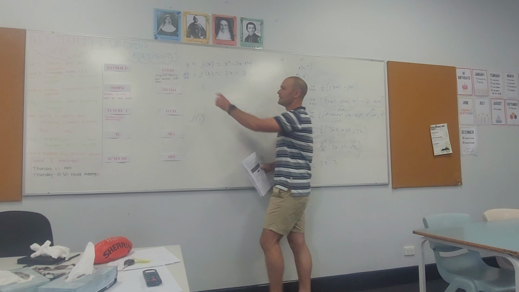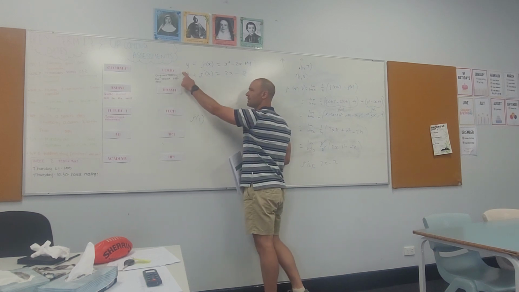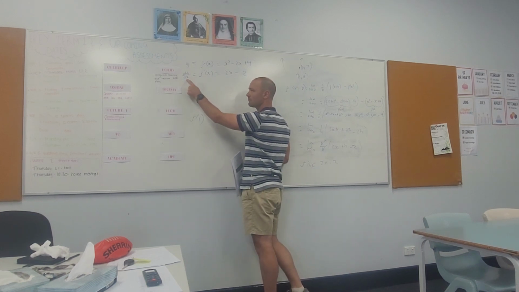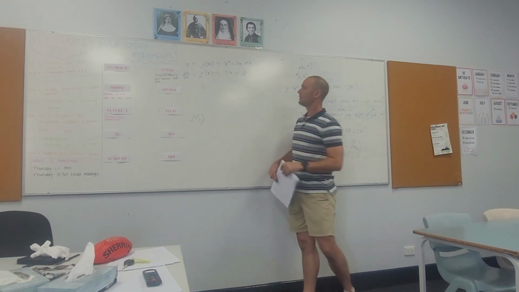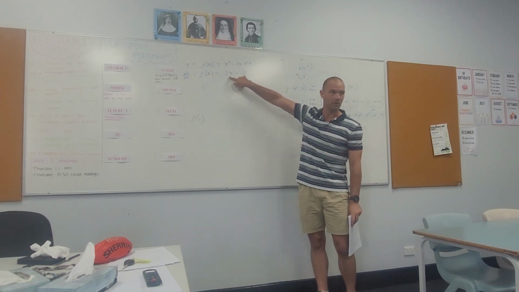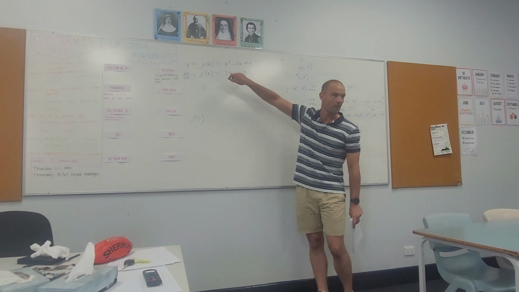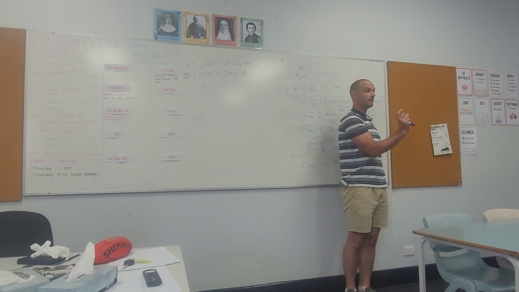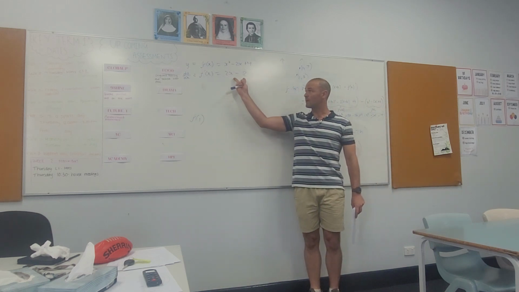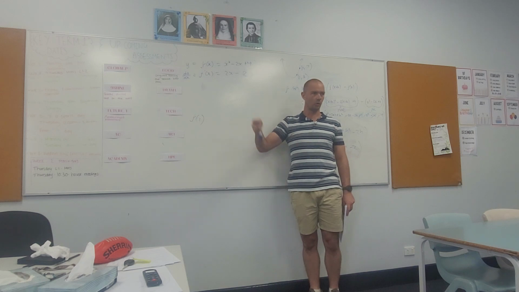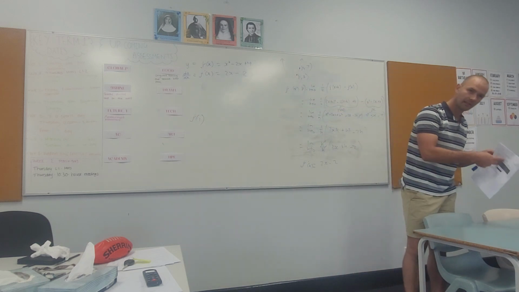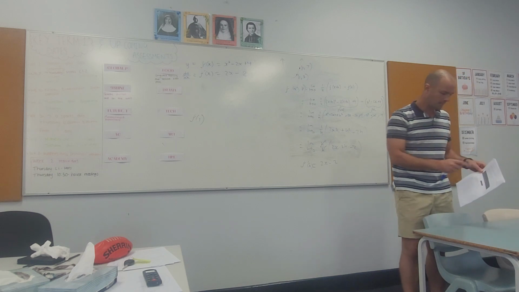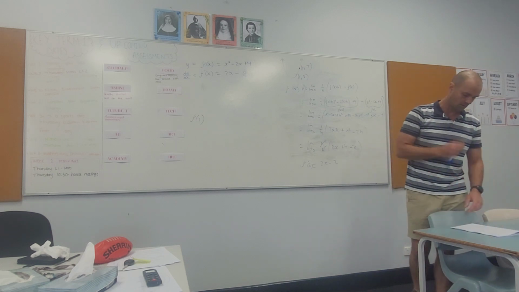Next, we have dy on dx, the rate of change of y with regards to the rate of change of x, or f dash of x. This is the slope function, the gradient function. Now, if you put an x value into this function, it tells you the slope for any value of x. Okay, so that's expressed clearly in that table there. We're going to keep hitting that table over the next few questions.